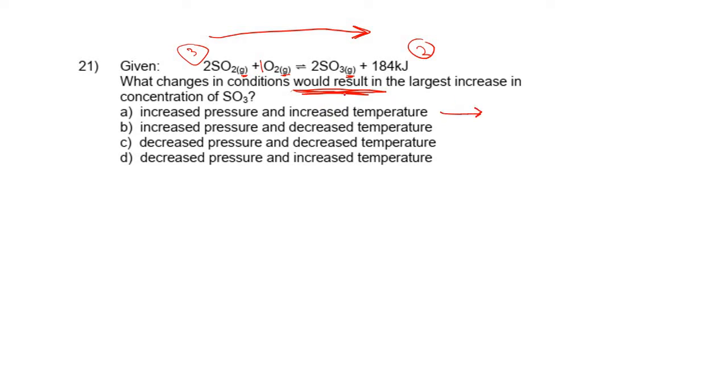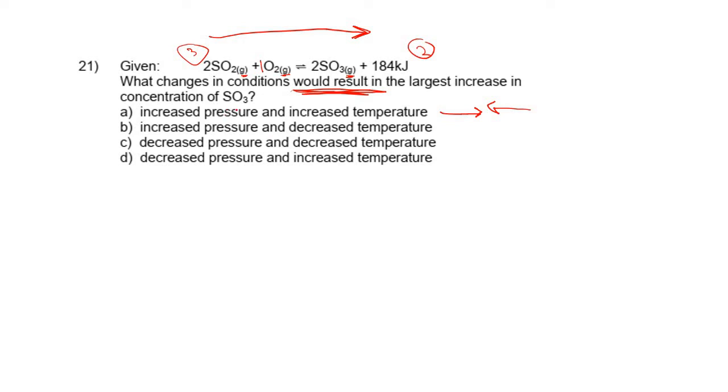But what is increasing the temperature going to do? Increasing the temperature, we want to shift away from what's added. So that's going to result in a shift left, right? Away from what's added. So the temperature is going to give us a left shift. So that's no good.